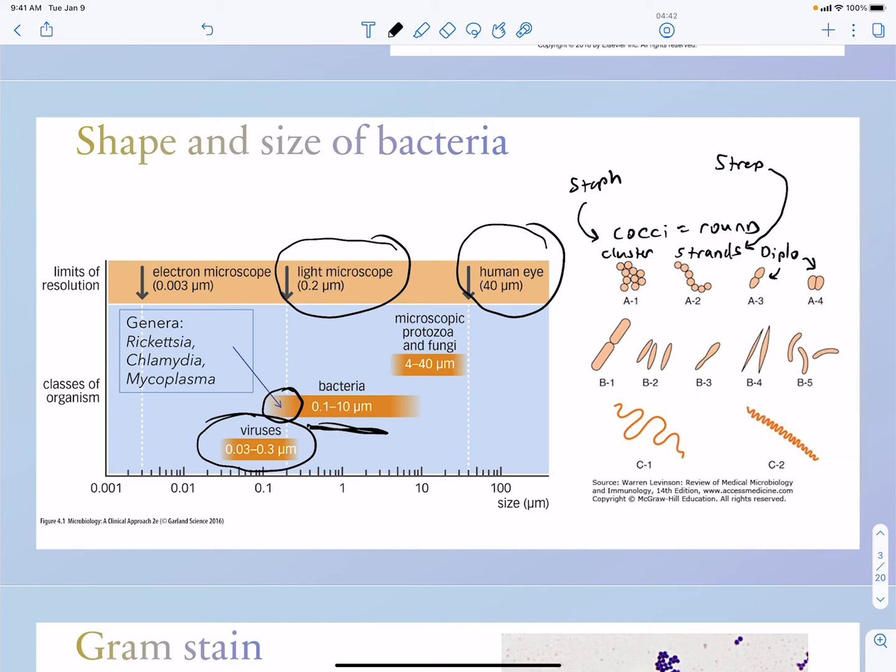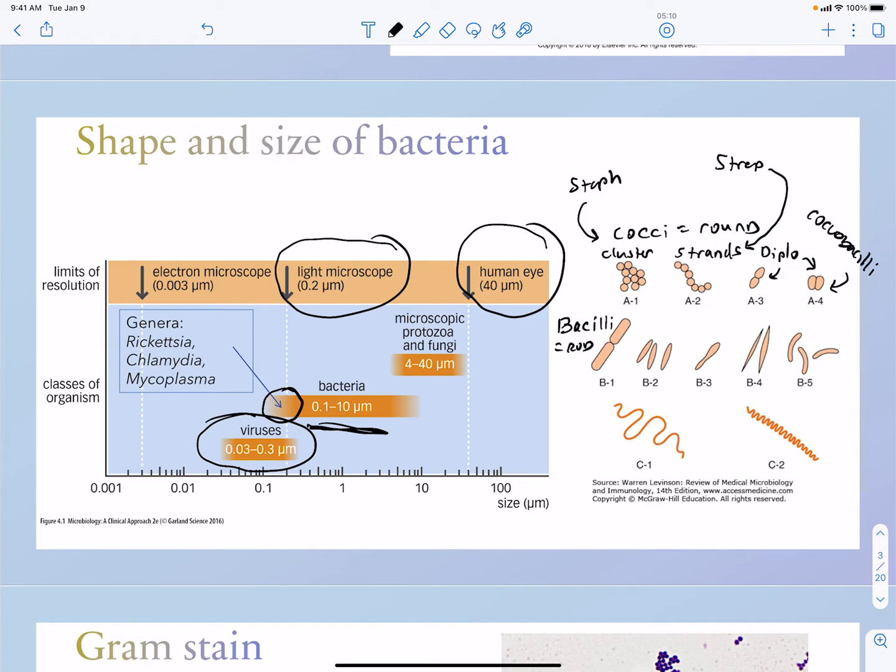And then, of course, we have our rods or bacilli. So these are rod shapes. So these are usually elongated. They're not the nice little rounds. You can have sort of these coccobacilli, which are not quite round, but they're also not really the long, nice bacilli.